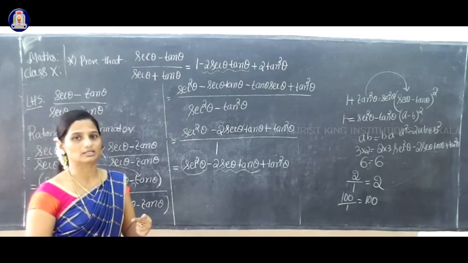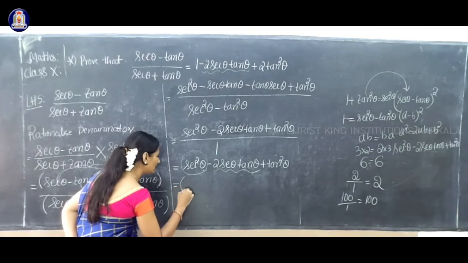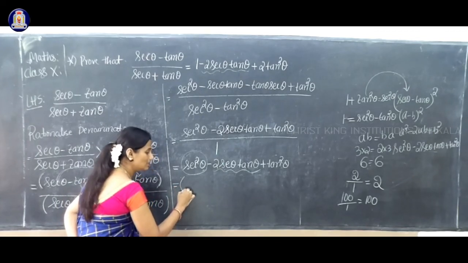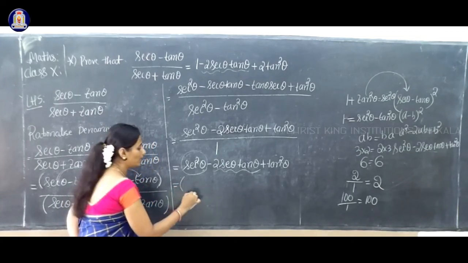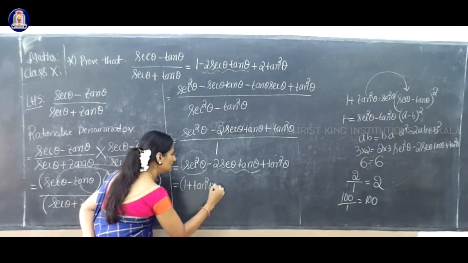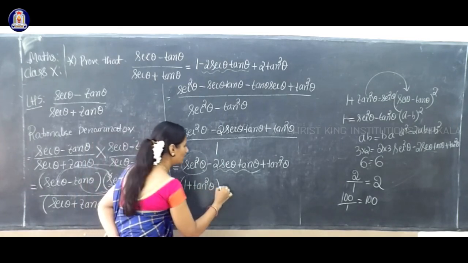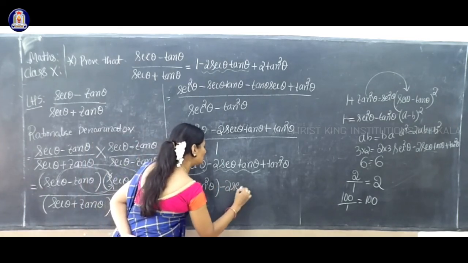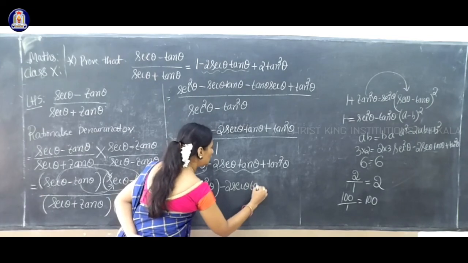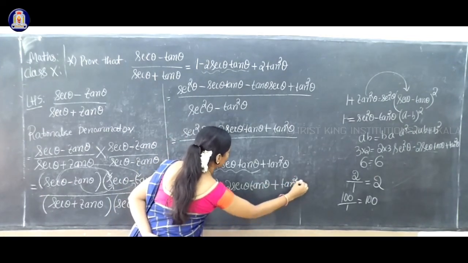See the formula list. What is your secant square theta that is given? Secant square theta is 1 plus tan square theta. Is it right? Secant square theta is 1 plus tan square theta, minus 2 secant theta into tan theta plus tan square theta.